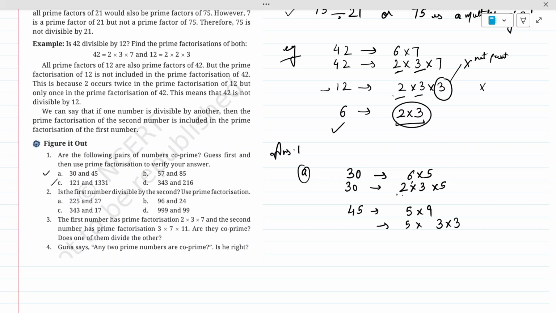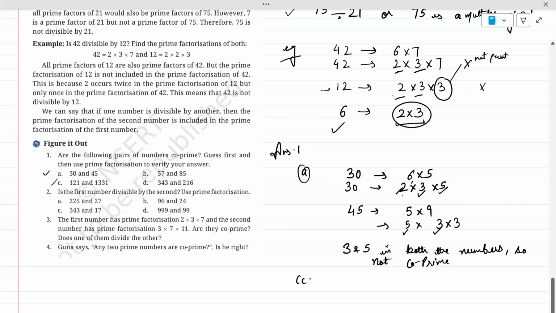We have 2 here, we don't have 2 here. We have 3 and 5 here, we have 3 and 5 here also. So since we have 3 and 5 common in both the numbers, that means they are not co-prime. They are not co-prime because they have 3 and 5 common.